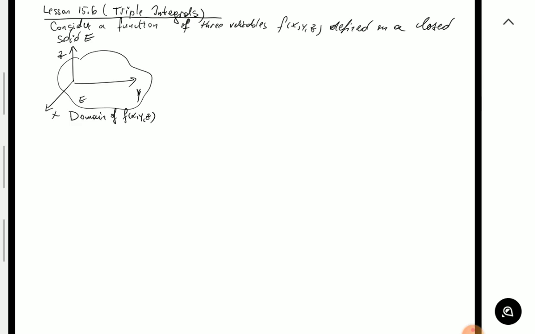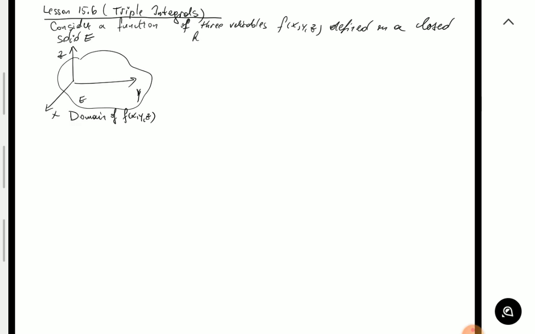So as with all integrals in this class, we start by representing the domain and partitioning that domain. For simplicity, you can also think about the domain being a box, a straight box, which is the simplest possible domain for a function of three variables with respect to the integration at least. So in fact, let's write this as a remark.